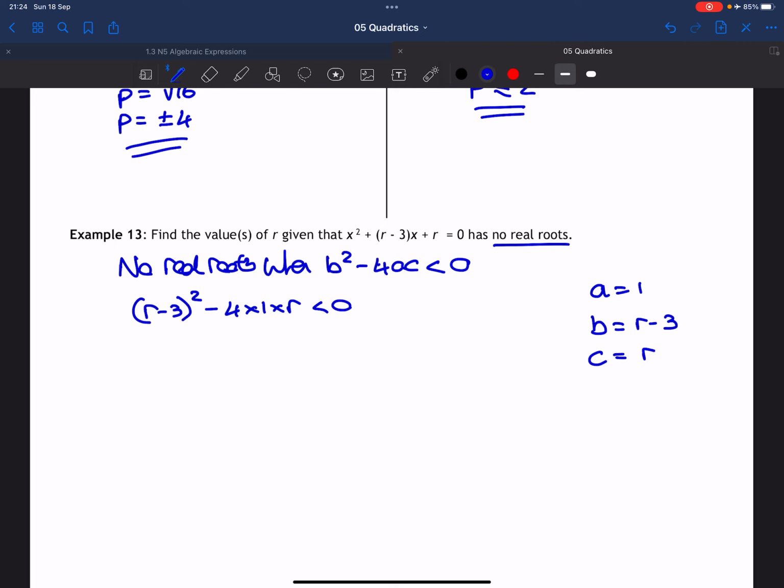So let's expand this and simplify. So I get r squared minus 6r plus 9 minus 4r is less than 0. So I get r squared minus 10r plus 9 is less than 0. Now this gives me a quadratic inequality to solve.